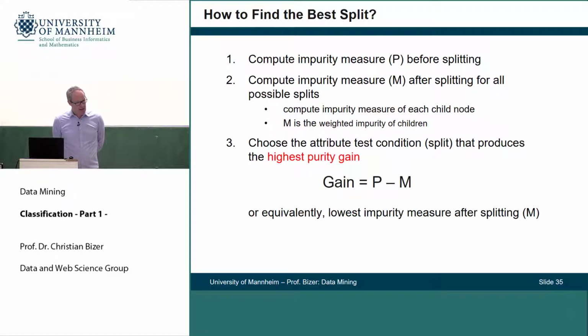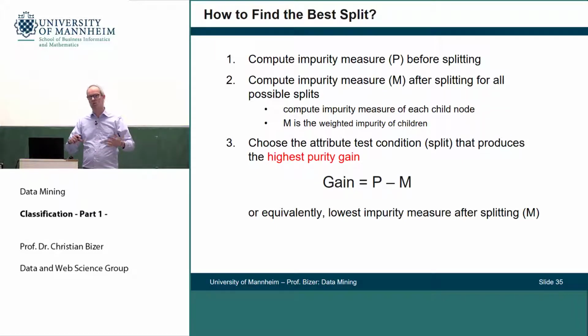So the idea is that no matter where we are in the tree, we have the purity of the parent node, so the node before splitting. We have different options for how we split. For each of these options, we calculate the purity of the resulting sub-buckets. There we have to take into consideration that the sub-buckets can have different sizes.